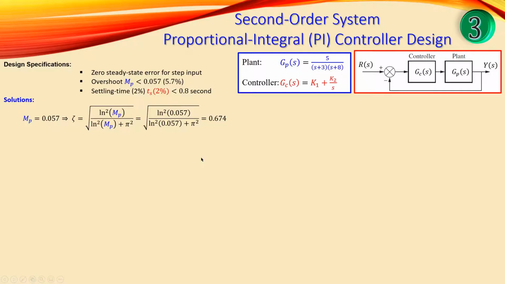So with the MP substituted, I will have the zeta, which is the damping ratio, of 0.674. Now from the settling time of 0.8, I can determine the absolute damping, which is sigma D, by calculating 4 divided by the settling time. 4 over 0.8 will be exactly 5. So 5 radians per second is our sigma D, which is also the real part of our design point.